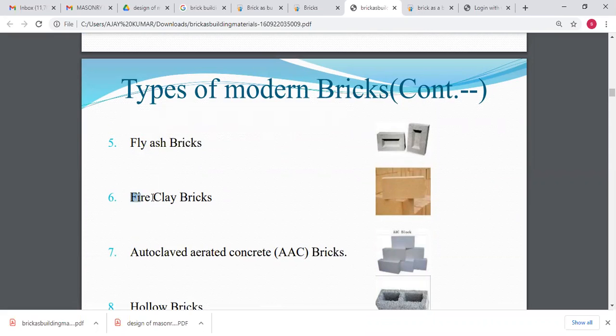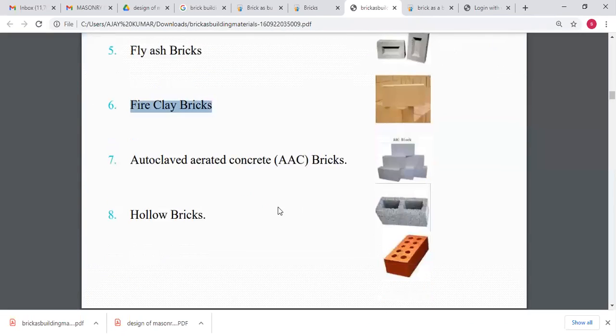And the next one, fire clay bricks. Fire clay bricks is nothing but the complete utilization of clay, and the clay has been given heat for a particular time, that is known as fire clay bricks.